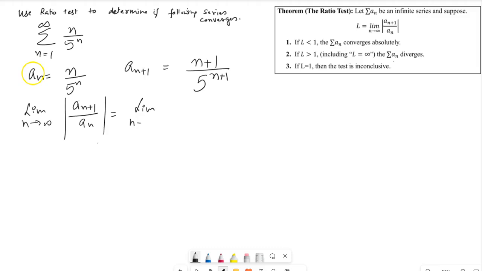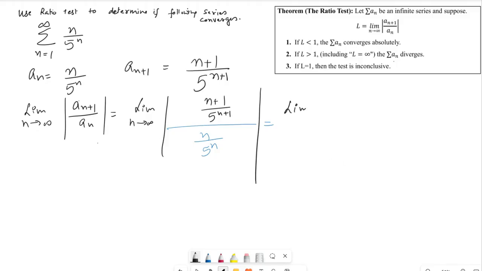That would be the limit as n approaches infinity. a_(n+1) is n plus 1 divided by 5^(n+1). Divide that by a_n, which is n divided by 5^n. When we divide two fractions, the denominator fraction flips.